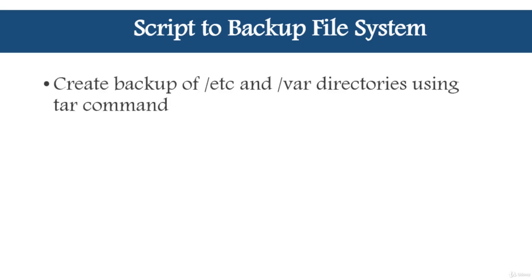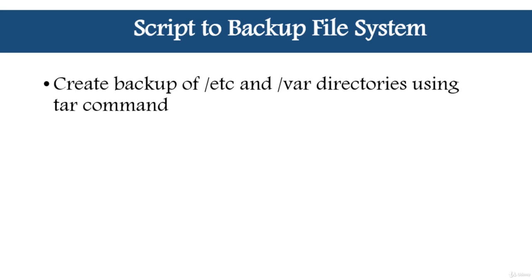In this lesson, we are going to back up our /etc and /var directories using the tar command. Why am I picking /etc and /var directories? Two reasons. One, these are the most important directories in a Linux system environment: /etc has all the configuration files, and /var has all your Apache and logging information if you need to go back and troubleshoot.